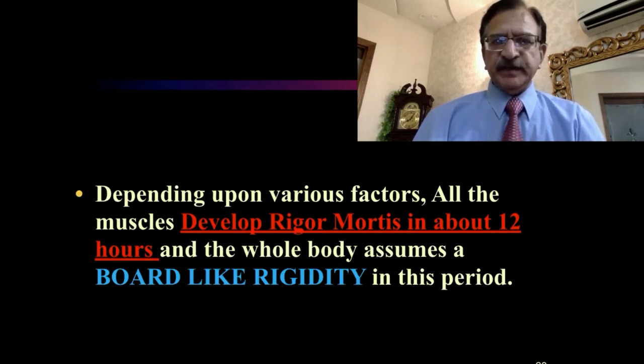Depending upon various factors, all the muscles develop rigor mortis in about 12 hours. That means it takes 12 hours from head to toe to develop complete rigor mortis, and the whole body after 12 hours assumes a board-like rigidity, a stiff body, and you cannot move the limbs.